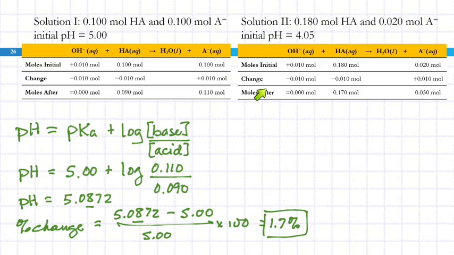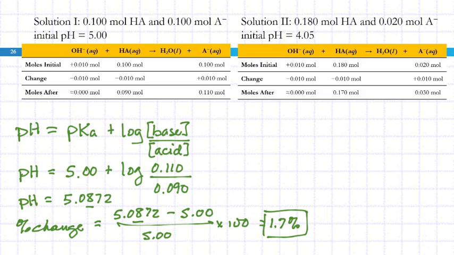So we make our MICMA table here, and 0.01 is the smallest again, so we're going to react all of that. This goes down by 0.01, this goes down by 0.01, that goes up by 0.01. We add them, and that gives us the moles of our acid and conjugate base for our Henderson-Hasselbalch equation.